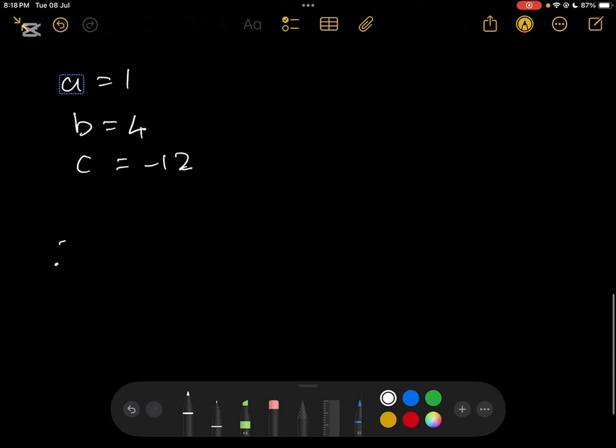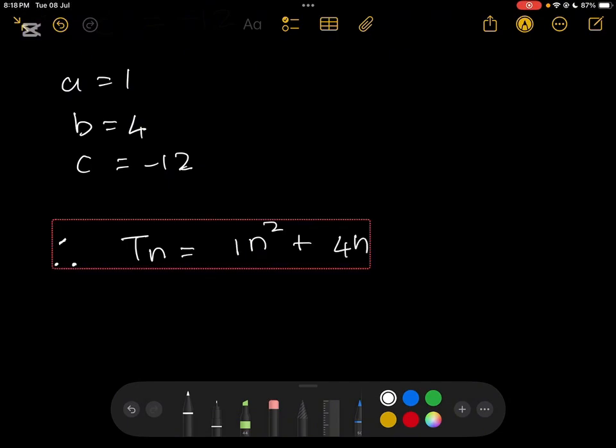Therefore, our quadratic equation is Tn is equal to 1n squared plus 4n minus 12. So there we finally have an expression.